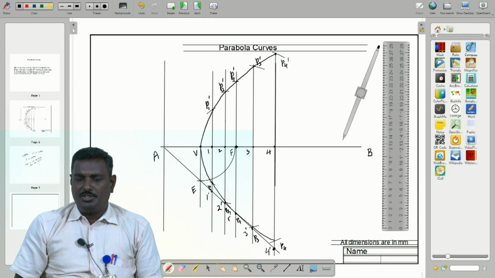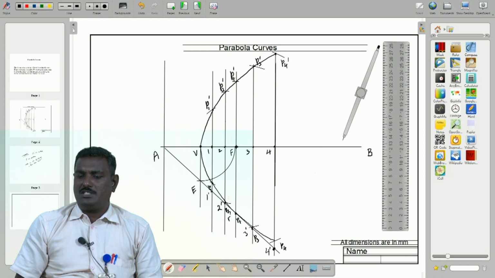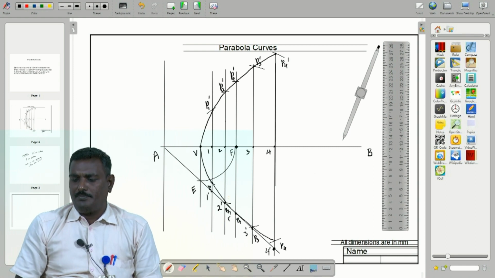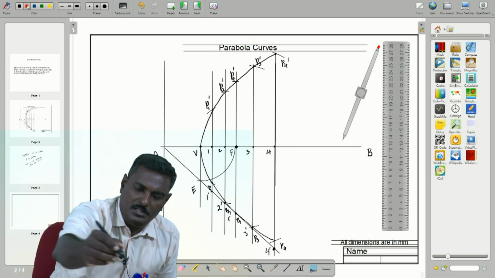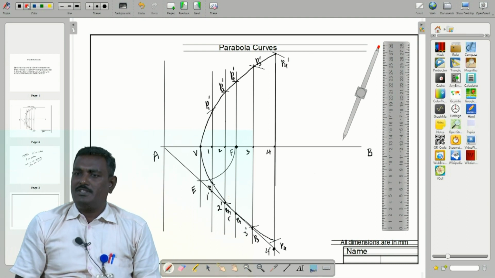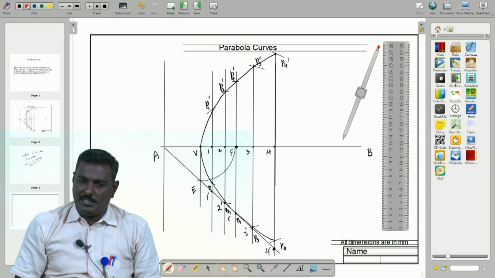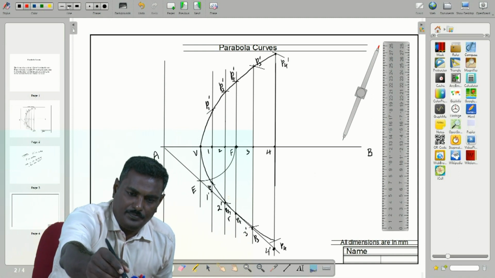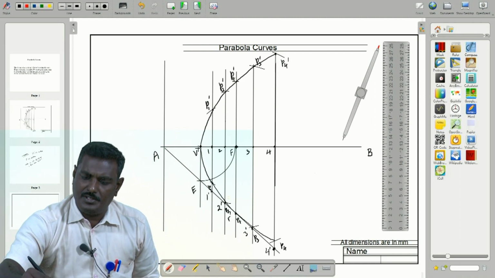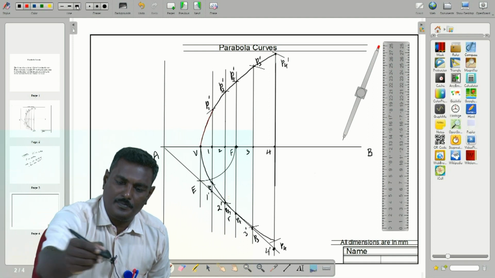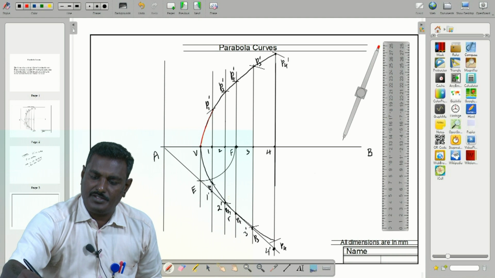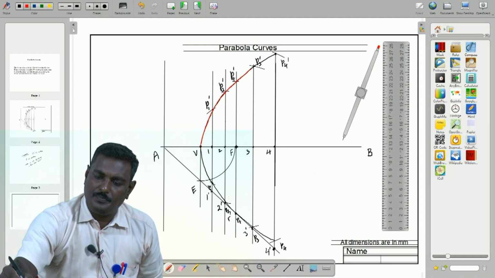After completing this using the 2H pencil, everything is done by 2H pencil. After completing, we go for tracing. That is, you have to take the H pencil. Here, to distinguish the H pencil, I just changed the color to red. So with the H pencil, you have to trace over this smoothly.